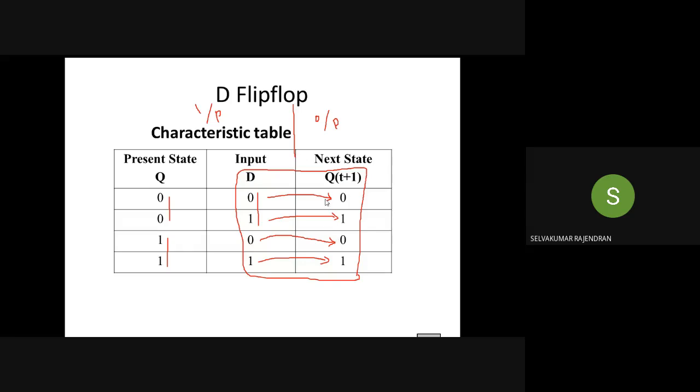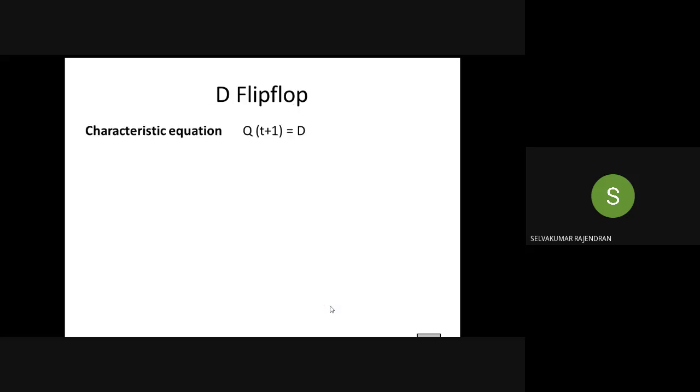From this table you can write the Boolean expression: Q plus, or Q of T plus 1, is equal to D. That is the characteristic equation of the D flip-flop: Q of T plus 1 is equal to D.